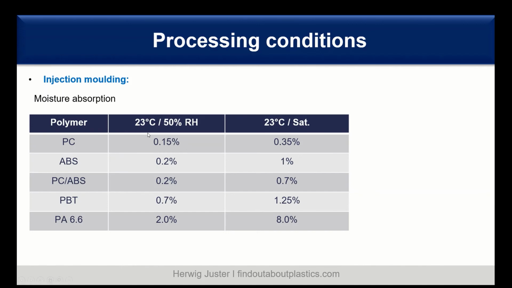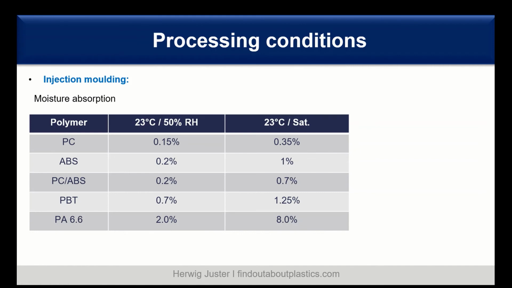So for example, here we have 23 degrees C at 50% relative humidity and 23 degrees C in saturation. So it's really when the material is soaked up with water. You see with polycarbonate we have 0.15, and here in saturation 0.35, whereas when we look at the aliphatic nylons, we have much more, 2% at 50% relative humidity and 8% in saturation.